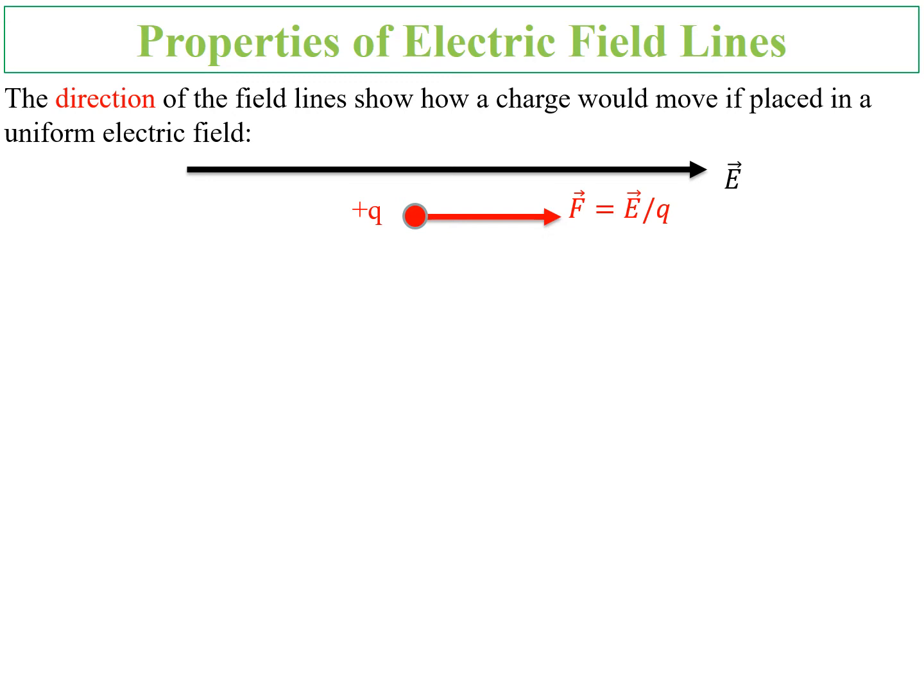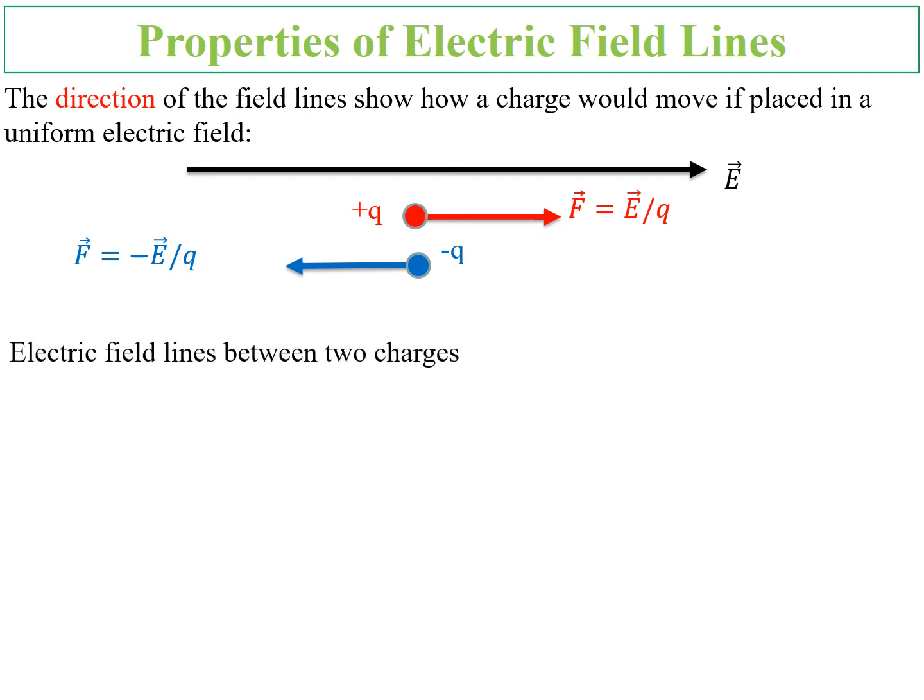Now you see, we know that E is force per unit charge, so you should interchange these symbols: E equals F over q. Okay, so if we have a negative charge, then the force will be minus q times E.